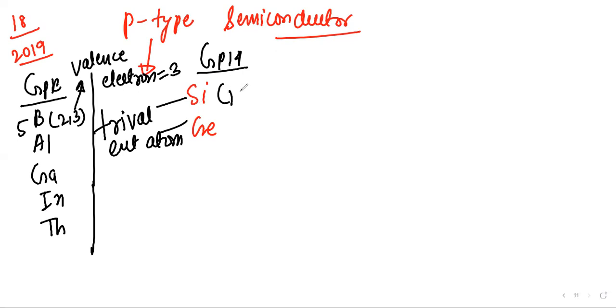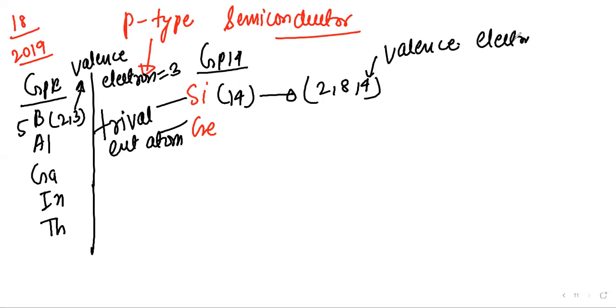Suppose atomic number is 14, silicon. So electronic distribution is 2, 8, 4. So its valence electron is 4, right? So when 4 is docked with 3, it forms 7 electrons, right? So it requires one more electron.